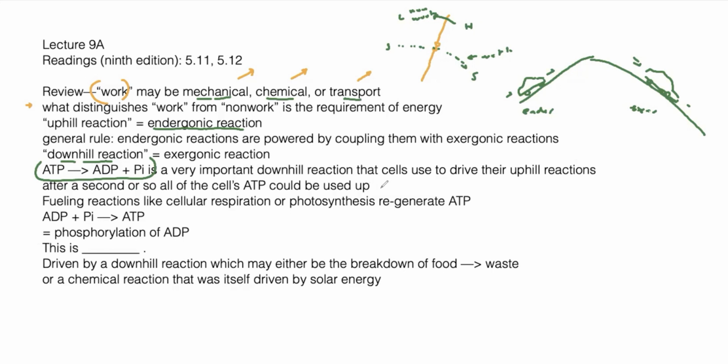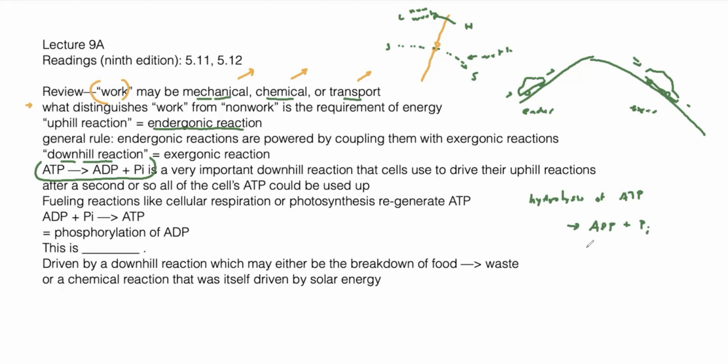Now, we would call this ATP consumption. You could also call it a hydrolysis reaction. Hydrolysis of ATP into ADP and phosphate. Phosphate is a P with a subscript lowercase i.